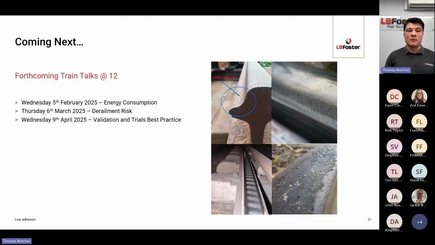Following that will be on Thursday, the 6th of March, which I will be talking about derailment risk. So how friction management can be used to prevent different types of derailment, both high lateral force derailment and also wheel climb derailment.